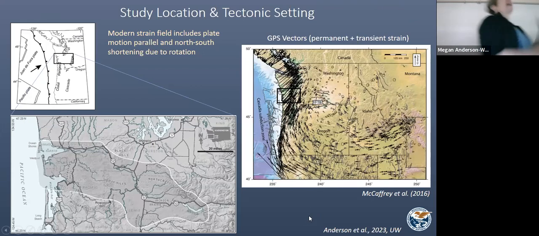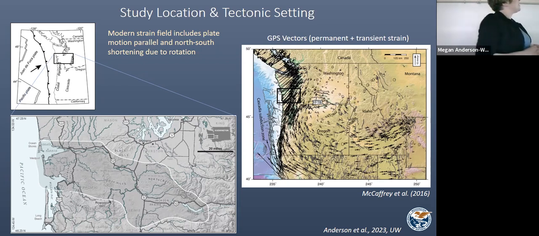So I'm not going to spend a lot of time on this slide. I think everybody in this room and online probably understands that tectonic setting out in Southwestern Washington. Our study area is the black box there on the upper left-hand side.